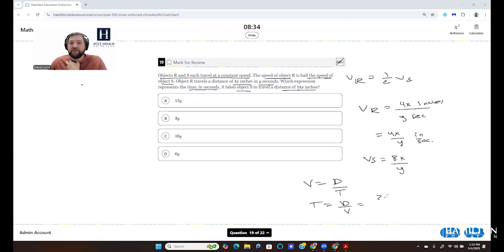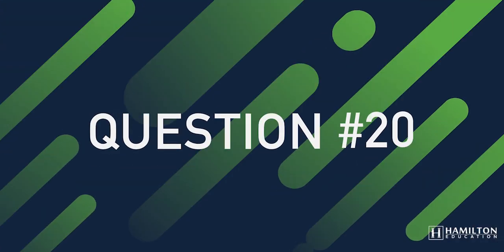So I'm going to take the distance of 24x and divide it by the 8x over y. Whenever we divide by a fraction, we multiply by the reciprocal. And now something cool happens. The x goes away, and 24 divided by 8 is equal to 3. We're left with 3y seconds. The answer is B.